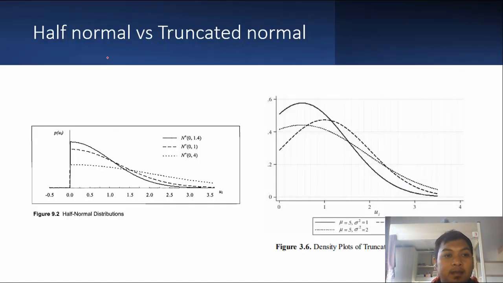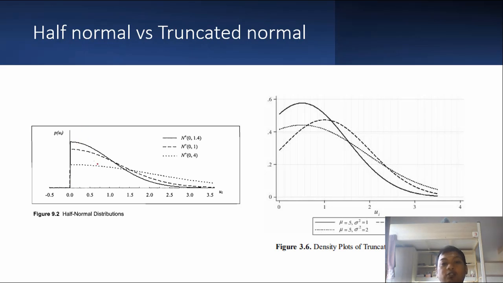This is different from half normal and truncated normal. The half normal is here, the mean is zero, because the inefficiency is only on one side, on the positive side, and the mean is zero, so we call it the half normal.